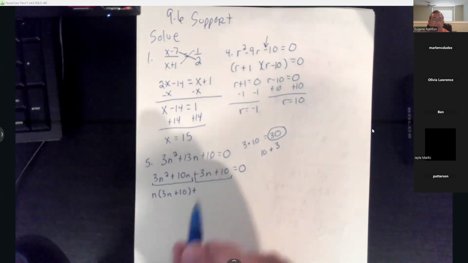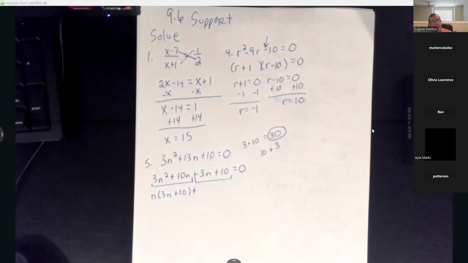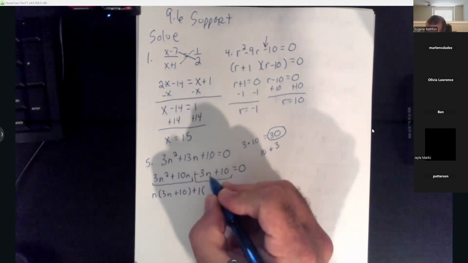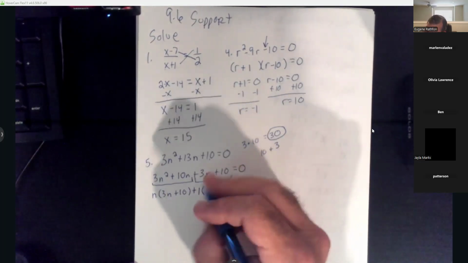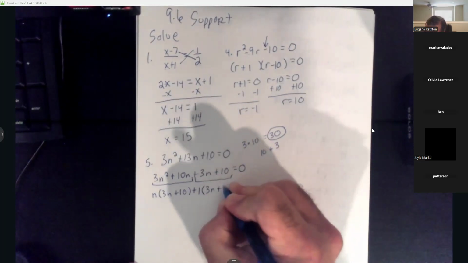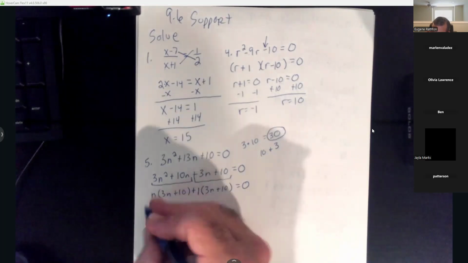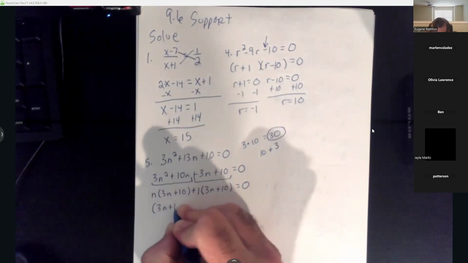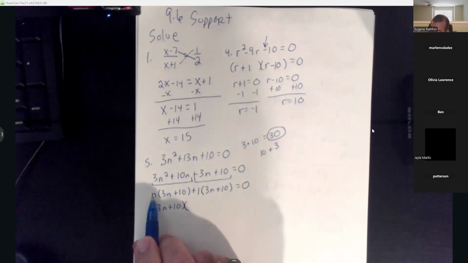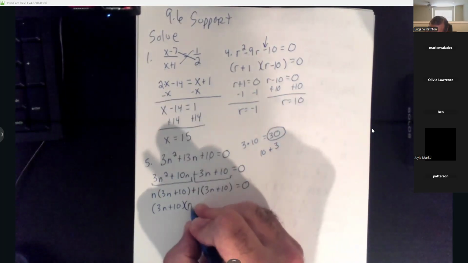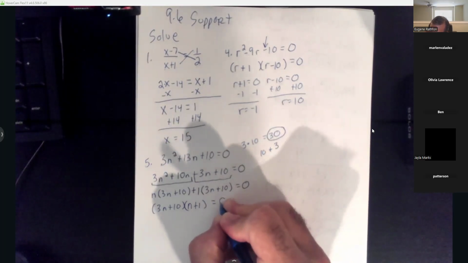And y'all, 3n and 10, what's the only factor you can factor out of that? So a 1. So that's going to be a 1. And then basically you're dividing 3n and 10 by 1, so you get a 3n plus 10. All right, so remember, my parentheses matched, so I bring that down as one factor. The other factor is the n plus 1 on the outside. All that equal to 0.